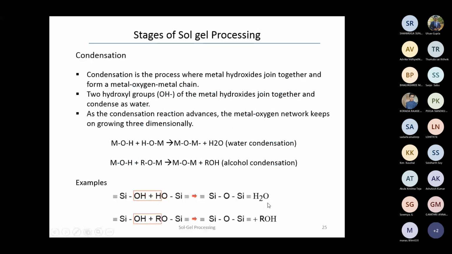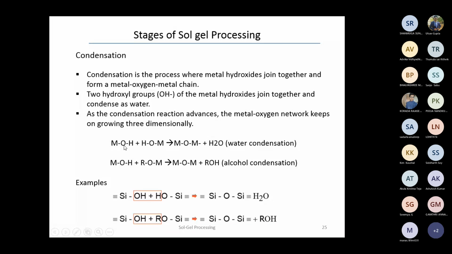Next is the condensation. So first is hydrolysis, and second is condensation. Condensation is the process where metal hydroxides join together and form a metal-oxygen-metal chain, and the two hydroxyl groups of the metal hydroxides join together and condense as water. What is happening here is that this is MOH and this is HOM.